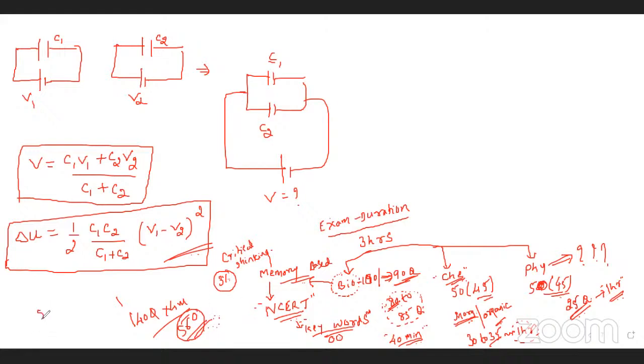Last year, I hope the cutoff was 590 or 580 or something, for general merit. If you get 560, 570 around, you're definitely going to get a medical seat in Karnataka itself. So this is how you have to maintain the discipline. The target is 25 questions in physics, 35 in chemistry, and 80 in biology. This is very important.